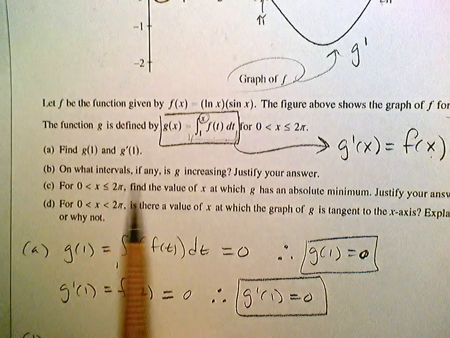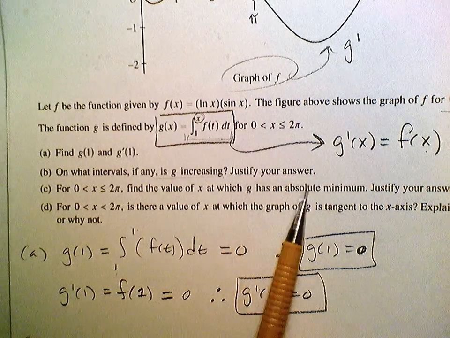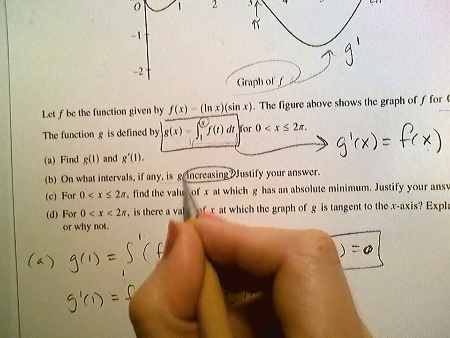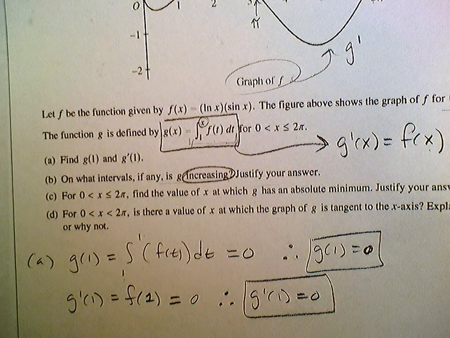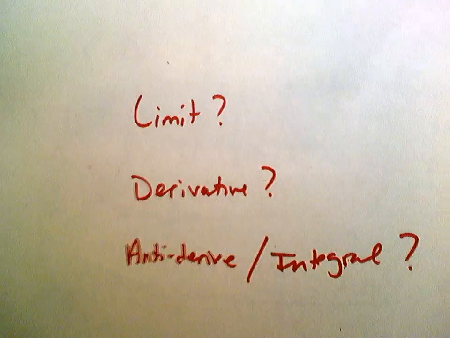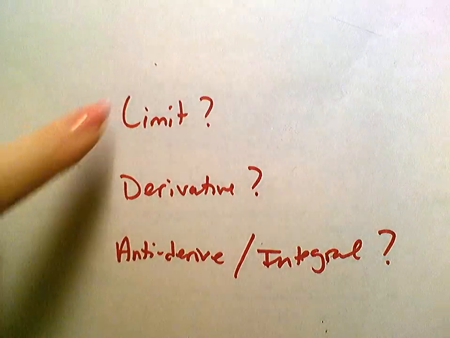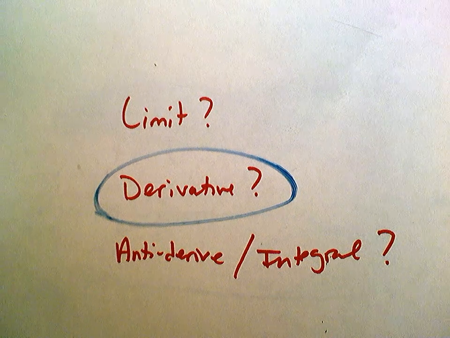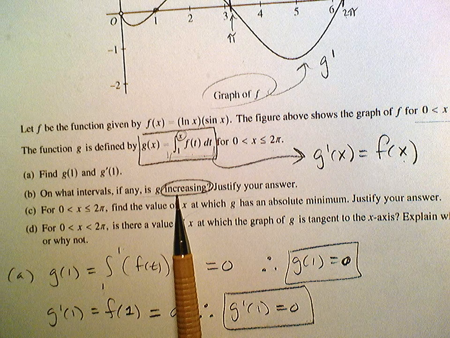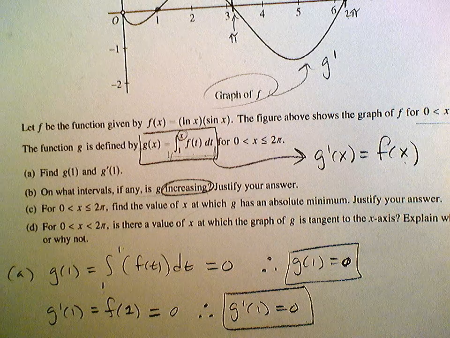Now for part B. On what intervals, if any, is G increasing? Justify your answer. Guys, whenever you hear increasing or decreasing or anything about extrema, and then you go to this question, which we have in our minds all the time, limit, derivative, antiderivative. So that has to do with the derivative of G. If we're trying to figure out and justify where G is increasing, we've got to be thinking about G prime.